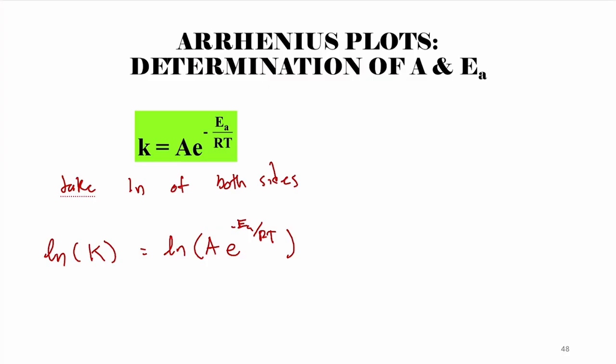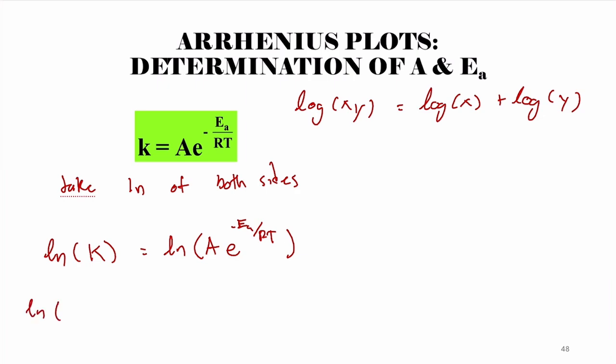Well, if we have the logarithm of xy, and remember I said this last week, that's equal to the logarithm of x plus the logarithm of y. We can separate them like that. So we get the natural logarithm of k equals ln A plus ln e to the minus EA over RT.